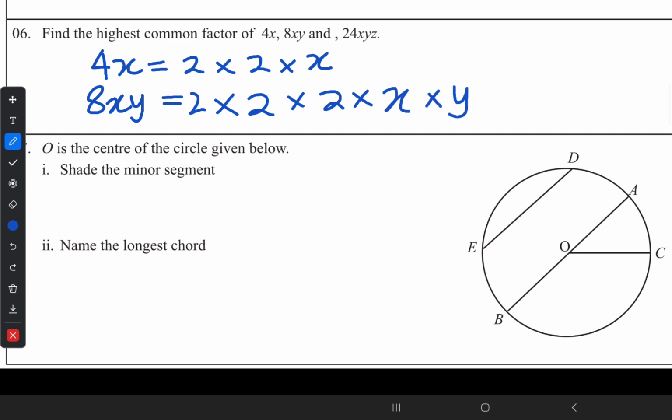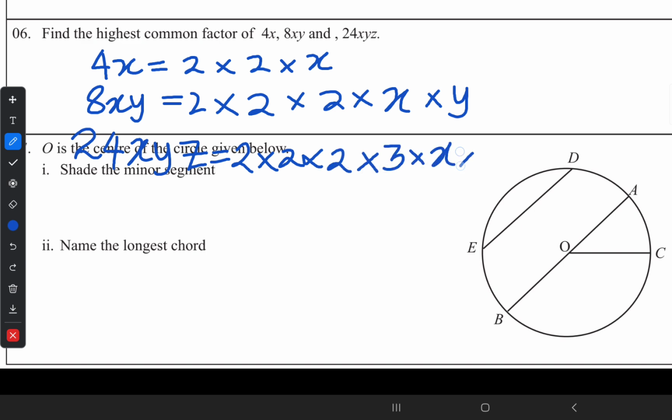Then the third one, 24xyz, we can express as 2 into 2 into 2 into 3 into x into y into z. This is the way you should use prime numbers to expand this, that means divide this by using prime numbers. So that will finally give you a multiplication pattern like this.